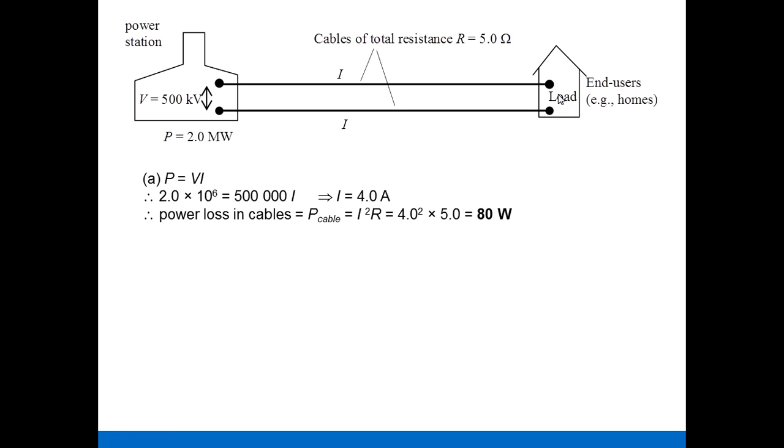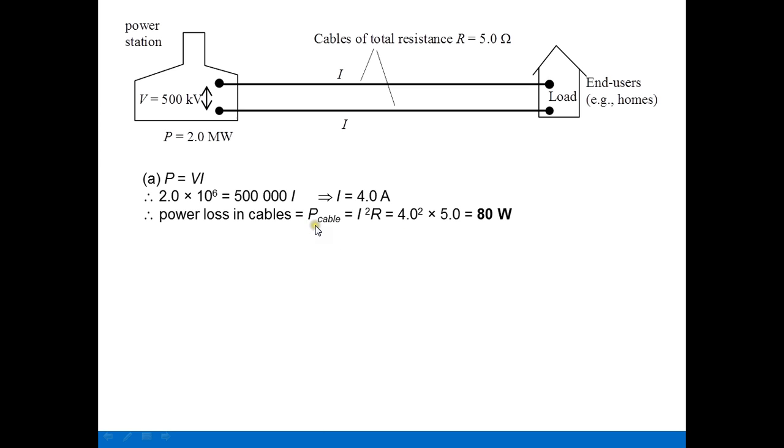So to find the power loss in the cable, we have to first find the current transmitted in the cables. Since we know that the power of the power station is 2 megawatts and the potential difference across it is 500 kilovolts, the current is essentially 4 amperes. Since the current is 4 amperes and the resistance of the wire itself is 5 ohms, using power loss equals I squared R, we get 80 watts.